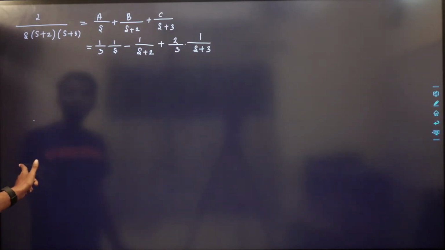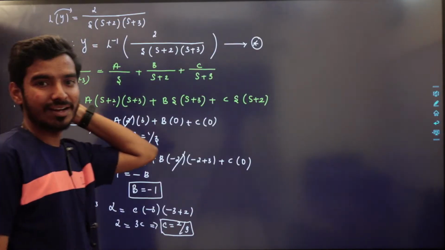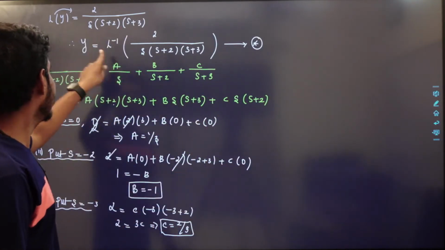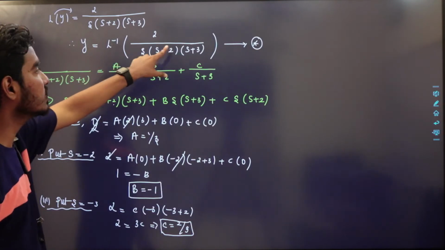So if I apply L inverse on both sides, I will get the required solution y of t, right? Because y is L inverse of this function.